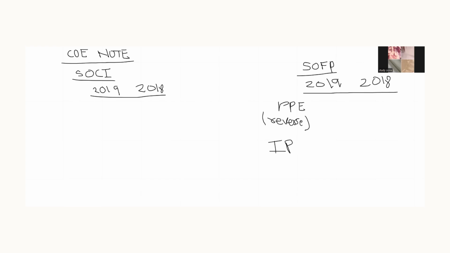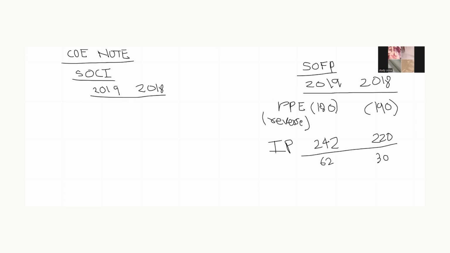In 2018, the PPE was 190 after depreciation, and in 2019 it was 180. The investment property was 242 in 2019 and 220 in 2018. So we have a difference of 30 here and a difference of 62 here.